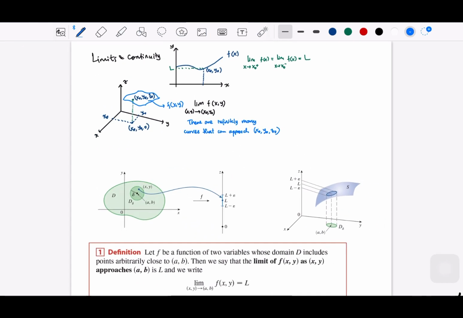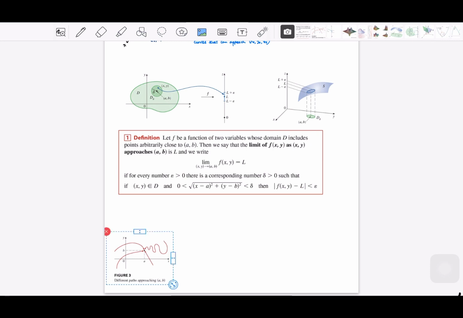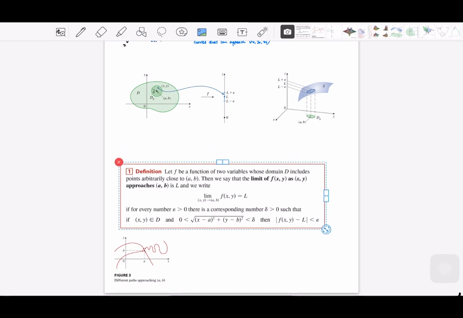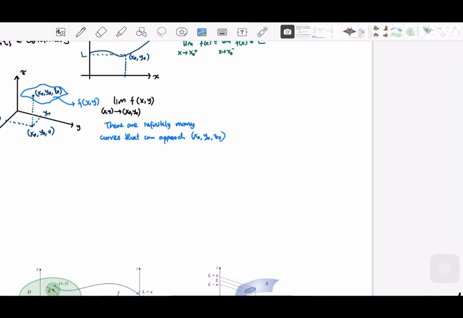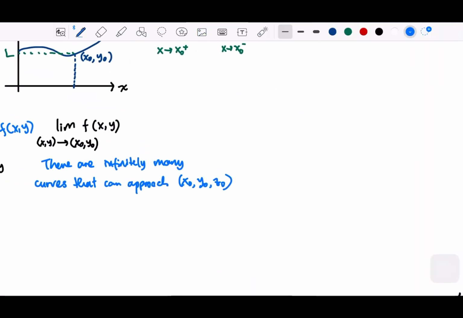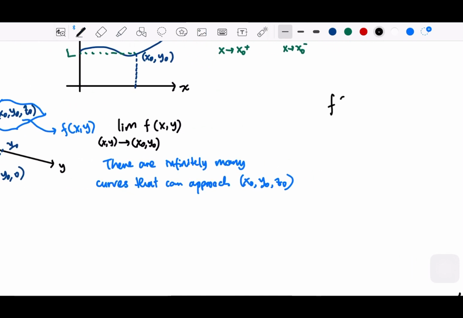Let me give you a quick example before we do the definitions. So let's say we have f(x,y) equals negative xy divided by x squared plus y squared.